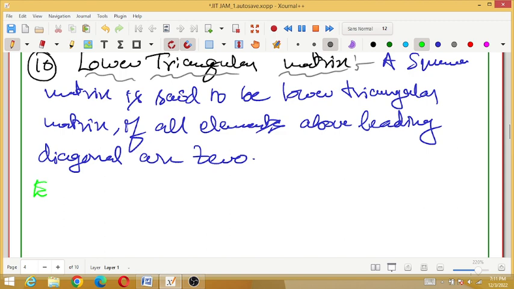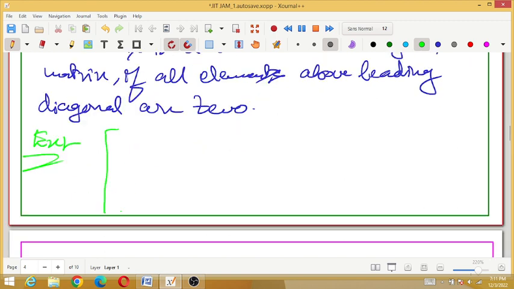Example, see here, 1 0 0 0. Next, 2 3 0 0. Next, 4 5 6 0. Next, 7, 8, 9, 10.